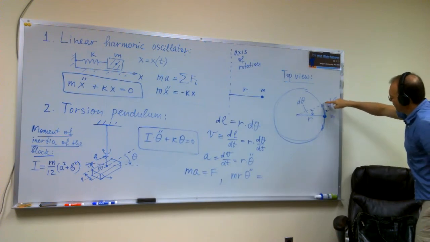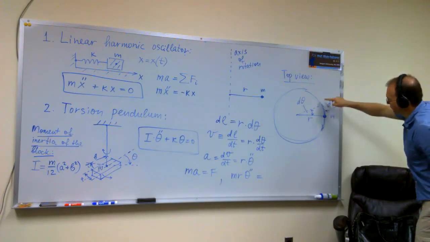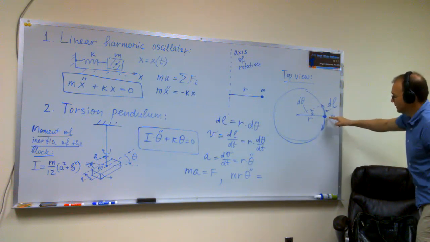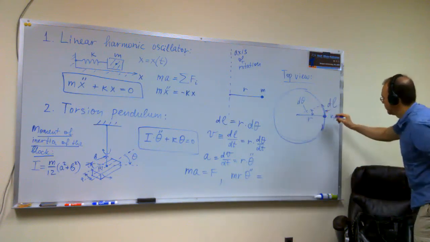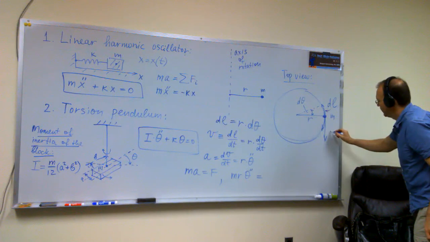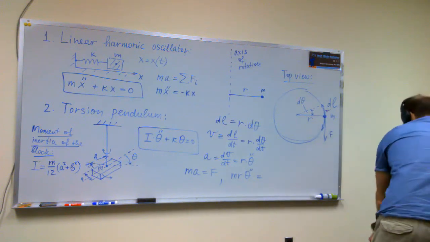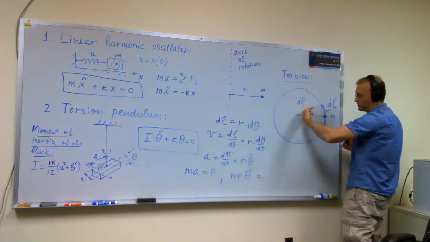The question is, why is the mass returning and oscillating back and forth? It's returning all the time, deviating from the equilibrium point. The reason is that there must be some torque applied to this mass. In other words, there is actually a force F, which depends on the coordinate.